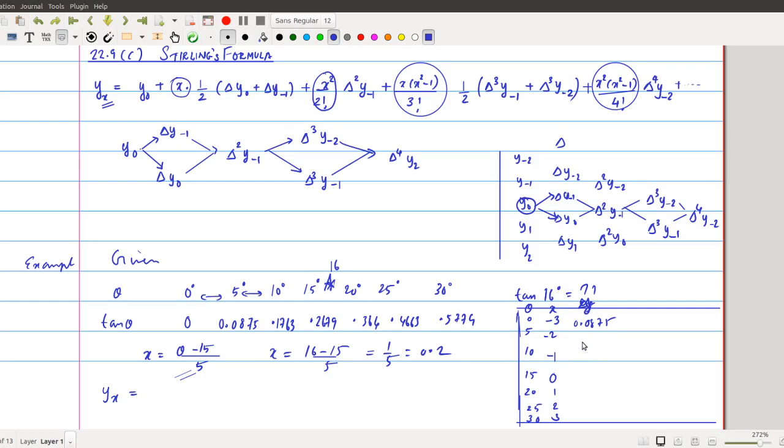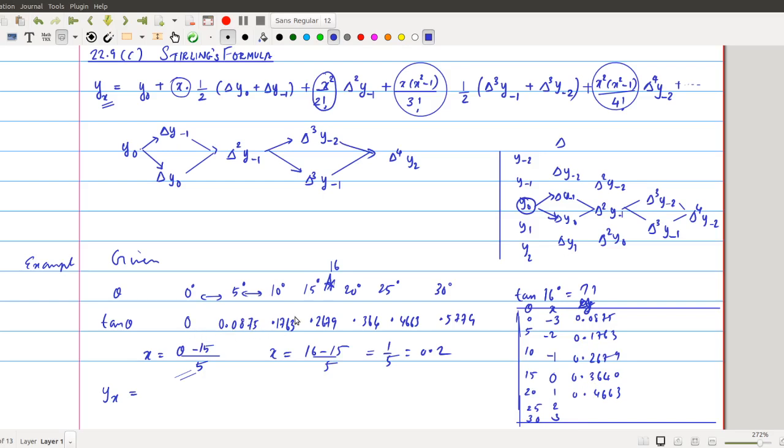The first value is 0, then 0.0875, 0.1763, 0.2679, 0.3640, 0.4663, and we missed one thing.